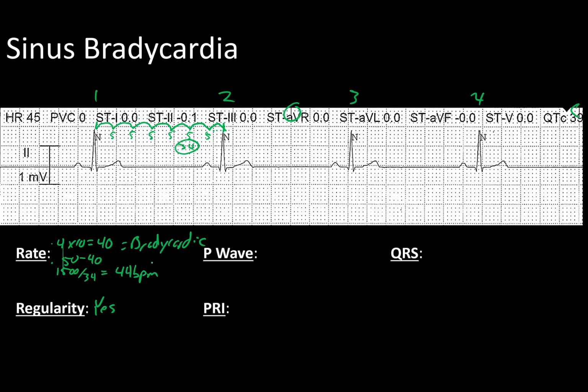Again, all of this agrees it's bradycardic, so we know it's slow. Now in terms of regularity, absolutely perfect. Is there a pattern? Nope. And there's no ectopics.